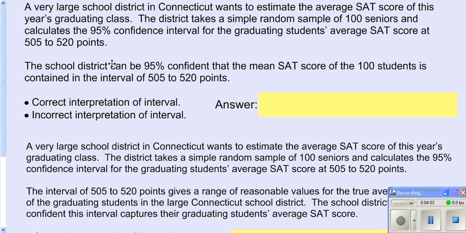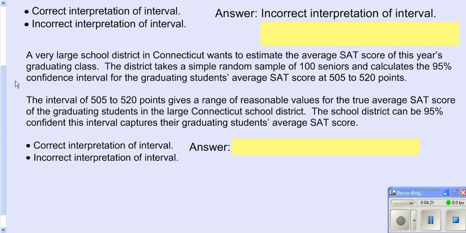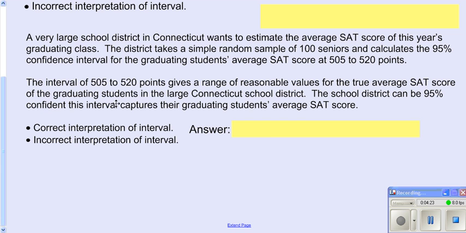So read through this, decide if this is a correct interpretation. In this case, it is not, because here it's saying the mean of the 100 students from the sample. And remember, your confidence level or intervals always need to be referring to the whole population. Consider this one. This one here is correct because you're given your 95% confidence level, you're given your confidence interval, and it's referring to the whole population.